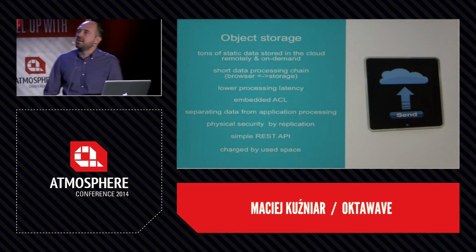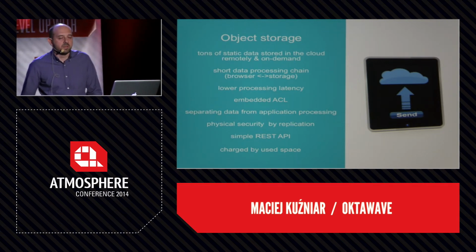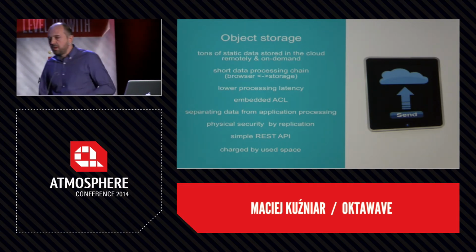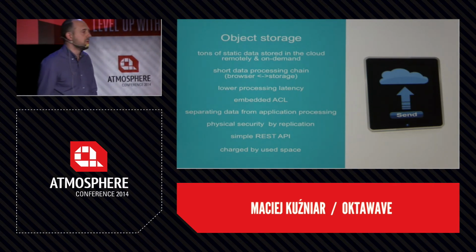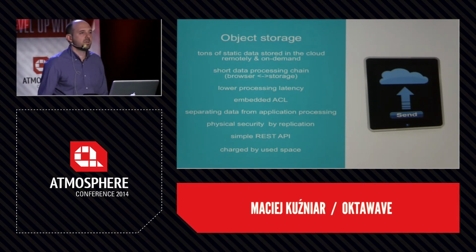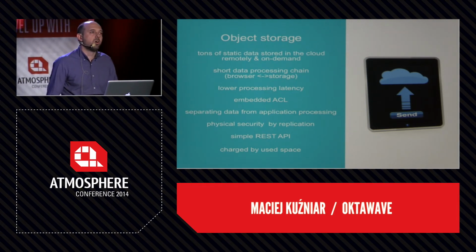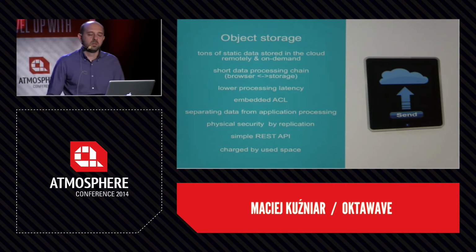Here we can see the attributes of object storage: a ton of static data stored remotely in cloud computing, on demand. I'm going to show you one example from one of our current customers. He came to us around 1 year ago and asked us for an offering to migrate 37 servers to the cloud.